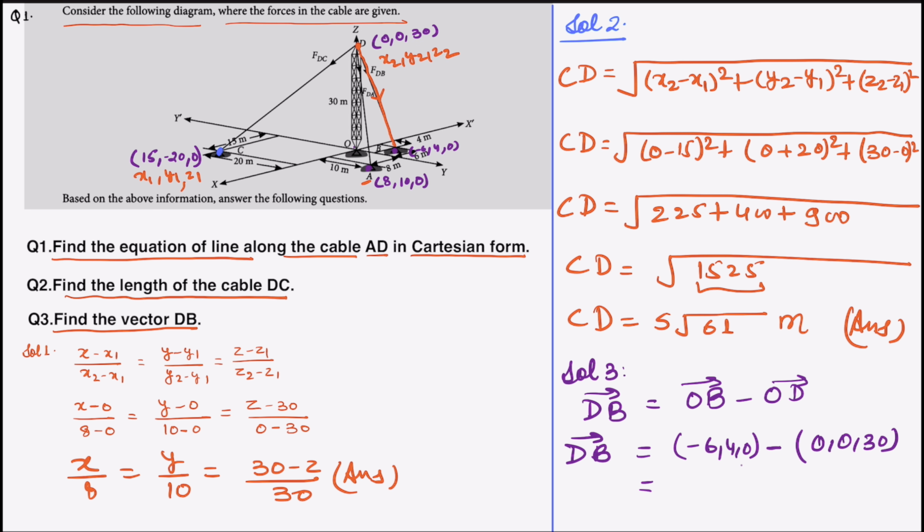After subtracting these coordinates we can write minus 6 i cap plus 4 j cap minus 30 k cap, and this is the answer.